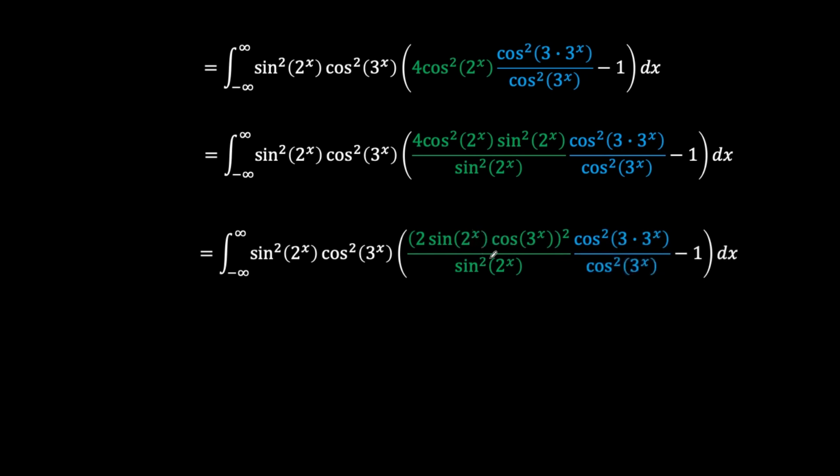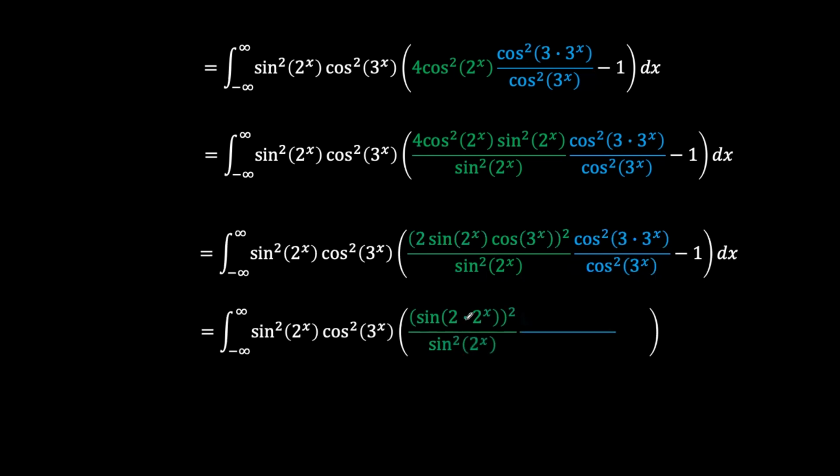So what that means is now we can keep the denominator as it is, and the numerator can now be simplified as sine 2 times 2 to the power x, all that squared. Okay. And the denominator obviously just remains like that.